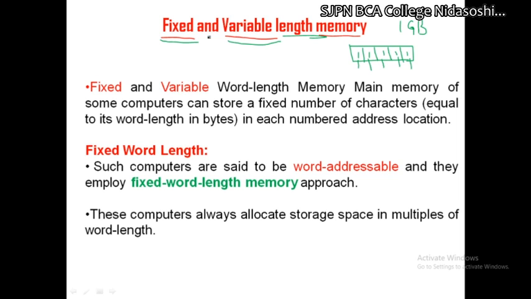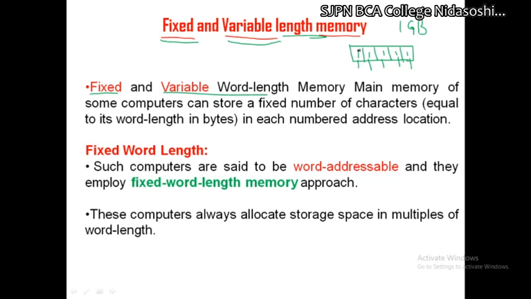Then what type of data can we store? According to which length are we going to store? For example, there are two types of word length for storing data in memory. One is fixed and the other is variable word length.